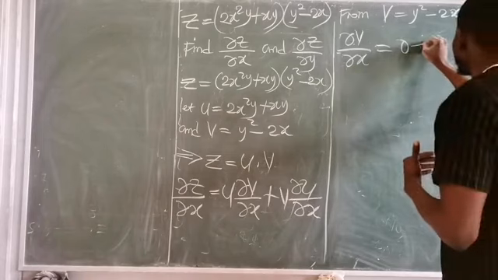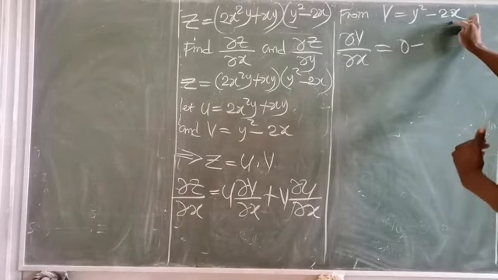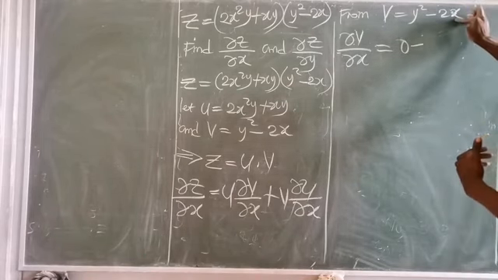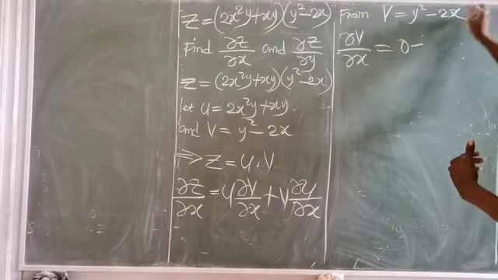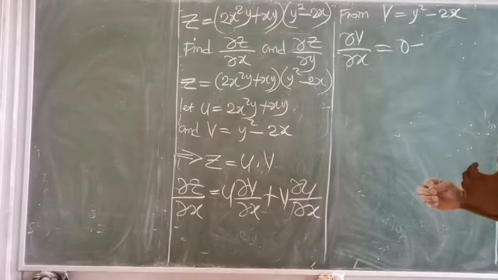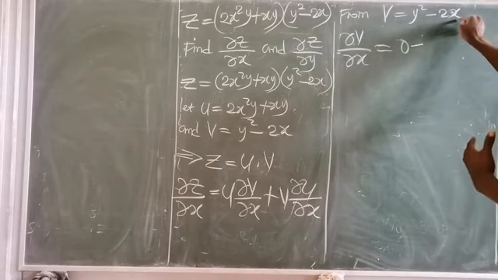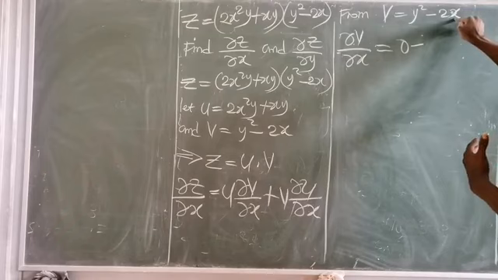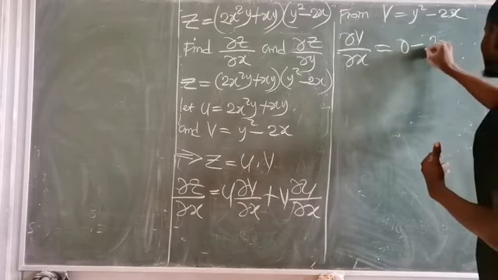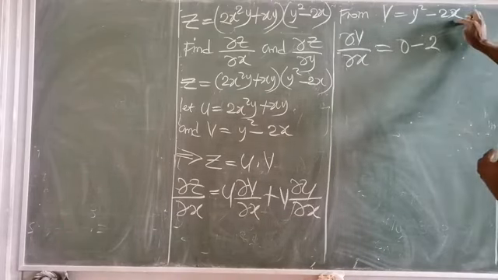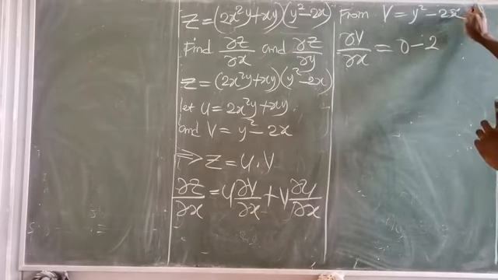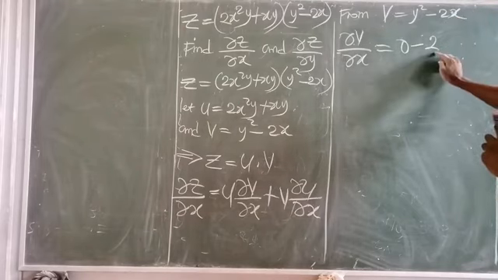Minus, this now contains x. If I differentiate this with respect to x, of course, this x has a single power, so the derivative is the number attached to x, which is 2. If I differentiate x, I simply have 1. So 1 times 2 simply gives me 2.